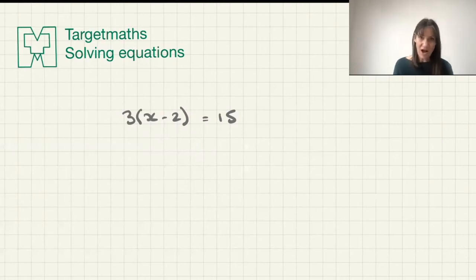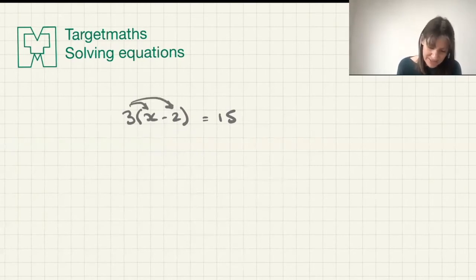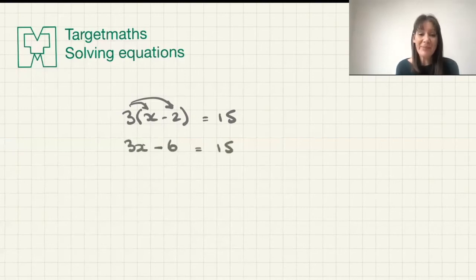Okay, so I tend to see the x when it's in a bracket as being trapped by the bracket, and I need to get to that x. So I am going to expand the bracket using my skill of multiplying them out. So 3 times x is 3x, 3 times -2 is -6. And now I'm back in that basic form that I'm confident in, and I can crack on and finish it.